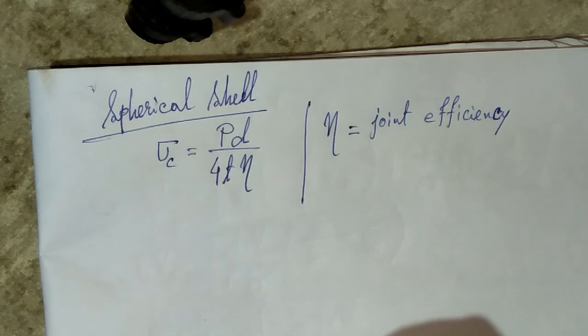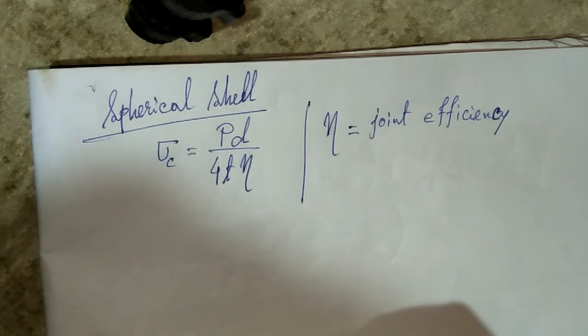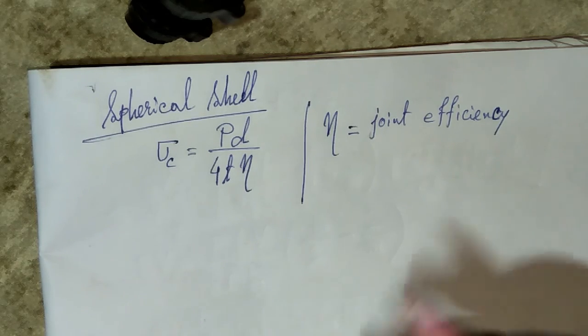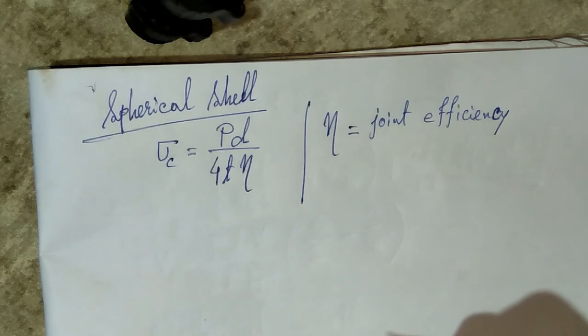And we have also derived the relation between them and the change in dimensions, how the dimension is changing with the stresses. Okay, in this lecture we have already done one small numerical, but in the next lecture we will do some more numericals on it. Thank you.